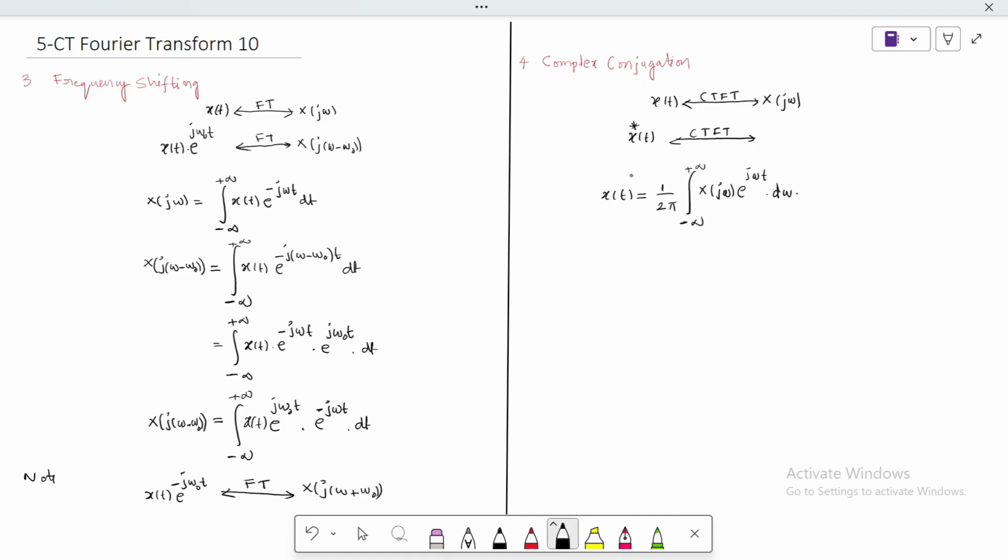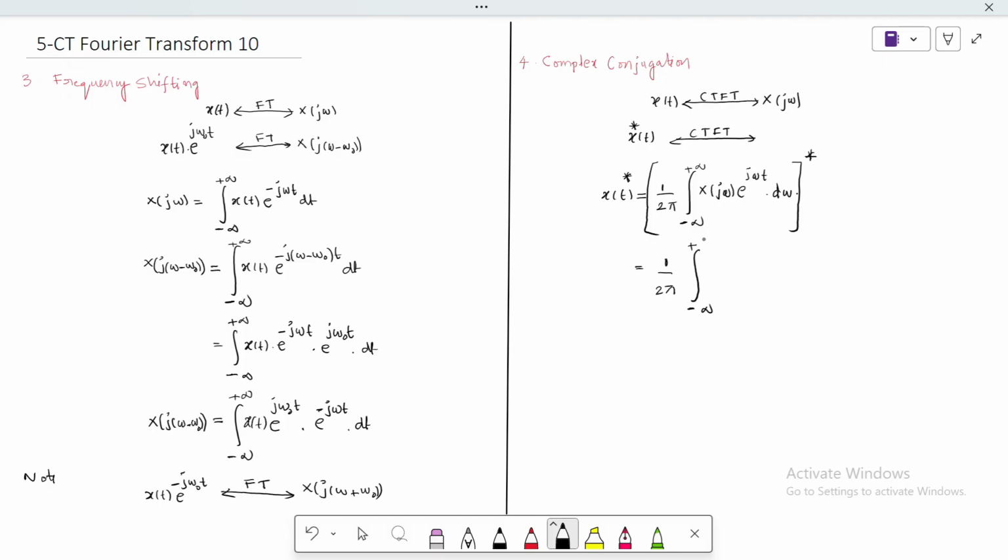Now I'm taking the complex conjugation operation on both sides. This 1 by 2 pi is a constant, a real number, so there is no change.